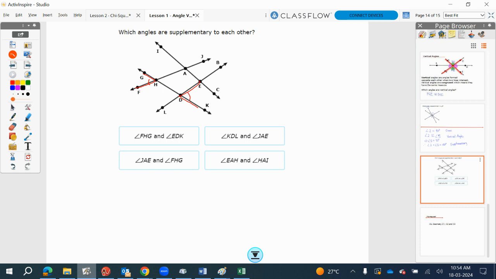Are these supplementary? We don't know. Not enough information to tell us. So we'll say no. KDL. JAE. We don't know.